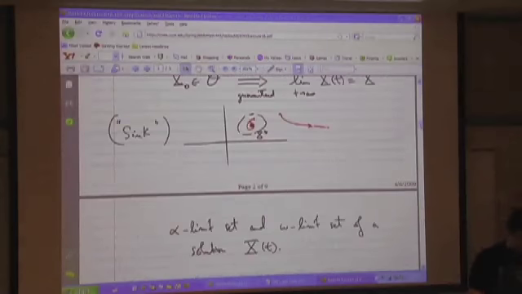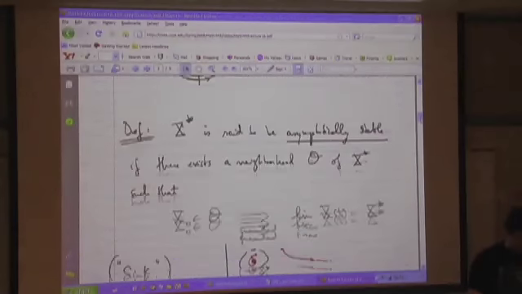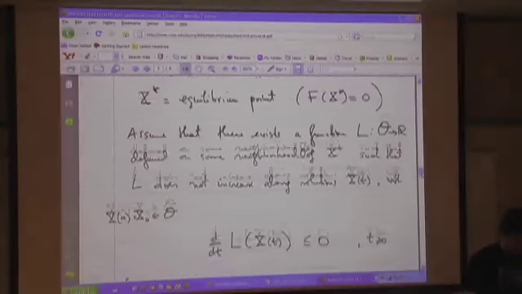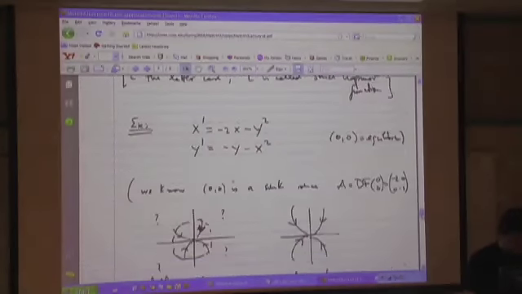So we talked about equilibrium being stable, asymptotically stable, and this Lyapunov method we kind of tried to apply on an example, right?